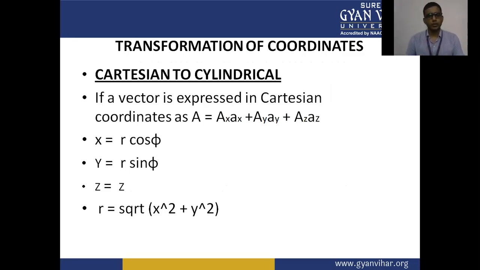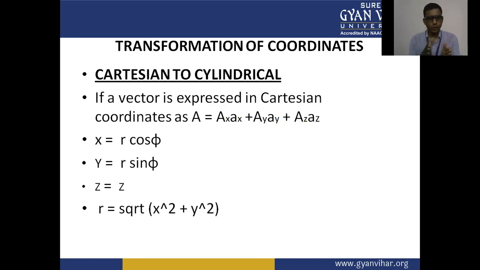This is the transformation of the coordinates from Cartesian to the cylindrical coordinate system. If a vector is expressed in the Cartesian coordinate system as A equal to Ax in the unit direction ax plus Ay in the unit direction ay plus Az in the unit direction az, this vector can be represented in the spherical as well as the cylindrical coordinate system.